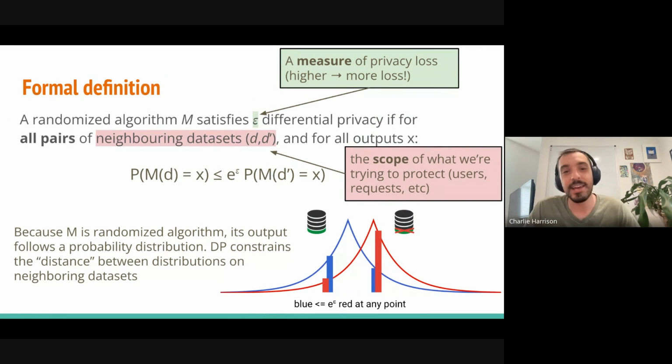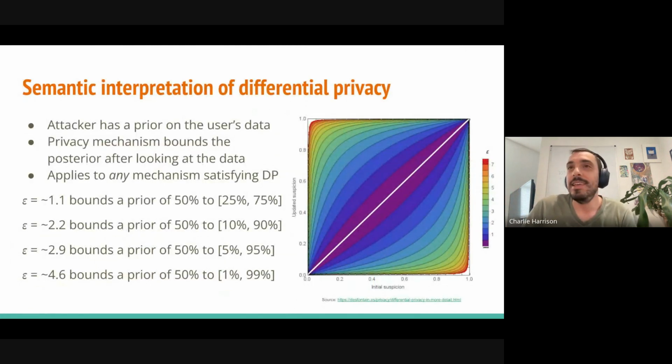So you can think of it as the signal being completely removed from the entire system when you set epsilon equal to 0. That's the one extreme, the most private, where you're not revealing anything about the input. In which case, you would be exactly along this diagonal line. Your prior is not being updated at all.